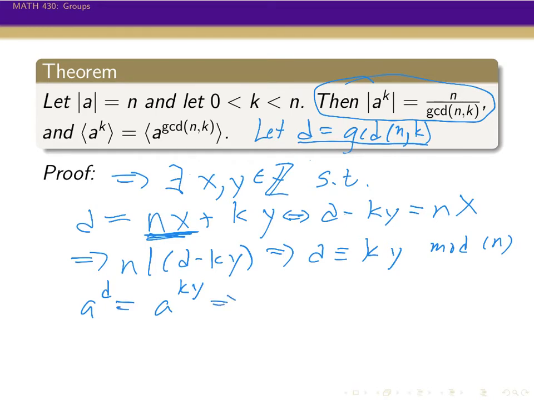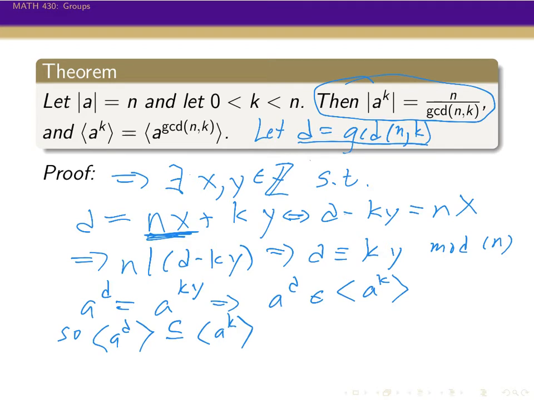Okay, and so this means that a to the d is inside the subgroup generated by a to the k, since it is a power, we can get it by doing a power of a to the k. So the subgroup generated by a to the d is inside the subgroup generated by a to the k.